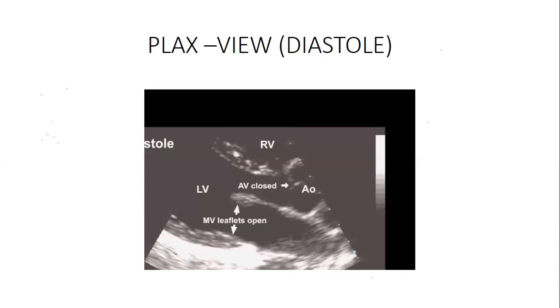So for the sake of explanation, diastole simply means the heart muscles are relaxed. And when the heart muscles are relaxed, what does it mean? How do we know it? When do we say these heart muscles have relaxed?